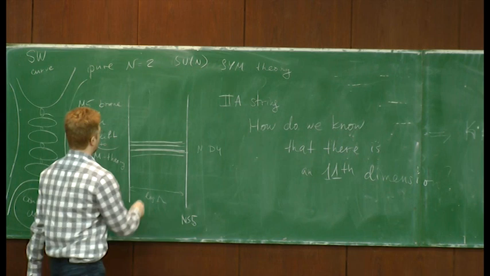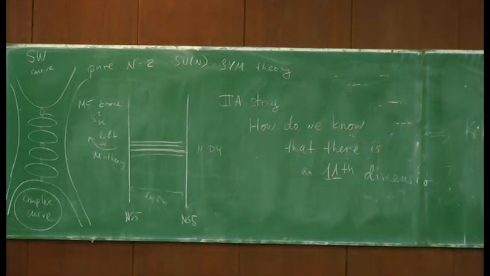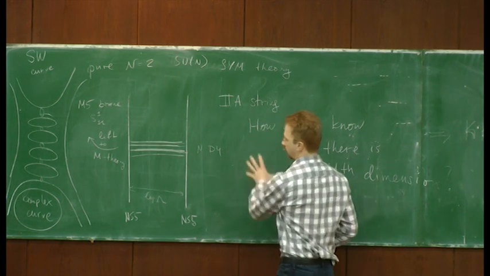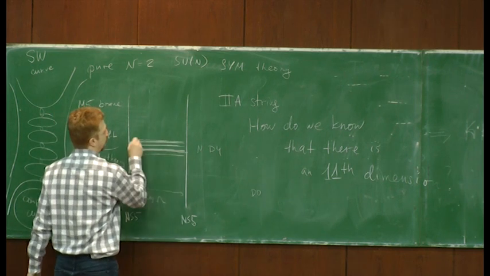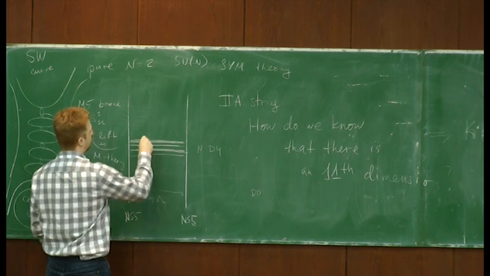So somehow we need to take into account the effects of D0 branes. But these should not be the effects of D0 branes which could in principle propagate everywhere in the bulk. We only need to care about the D0 branes which are bound to the D4 branes, because this is what we want to thicken.